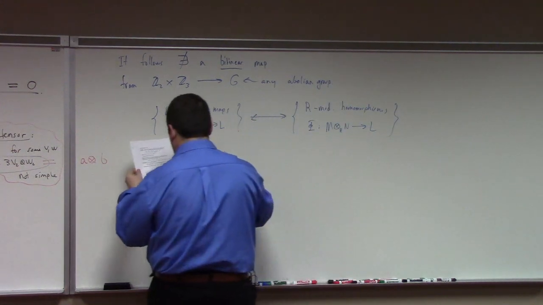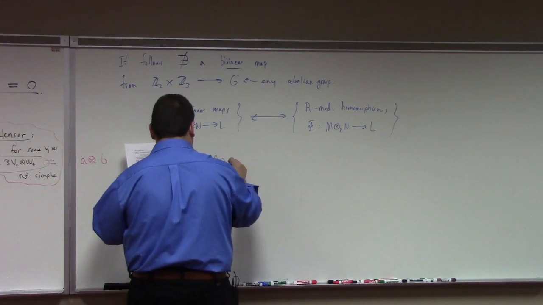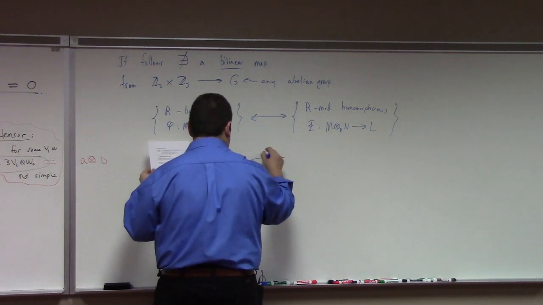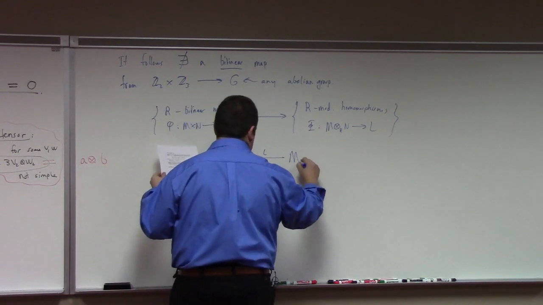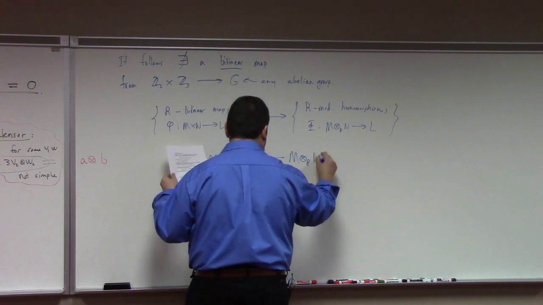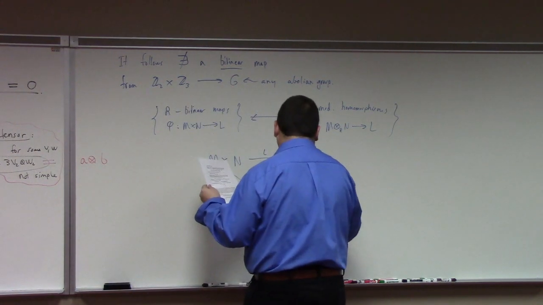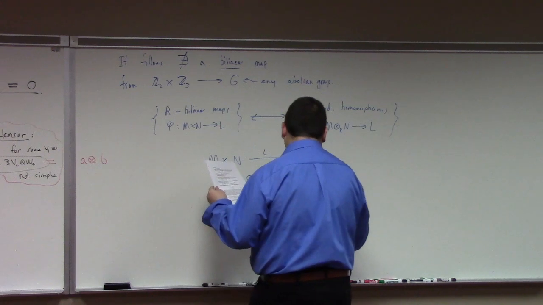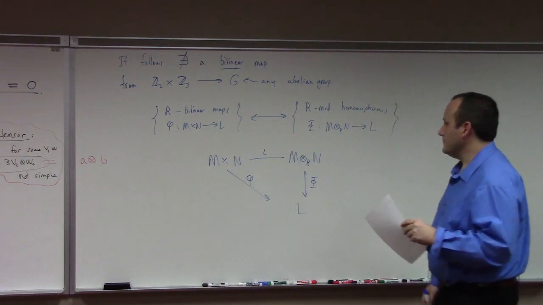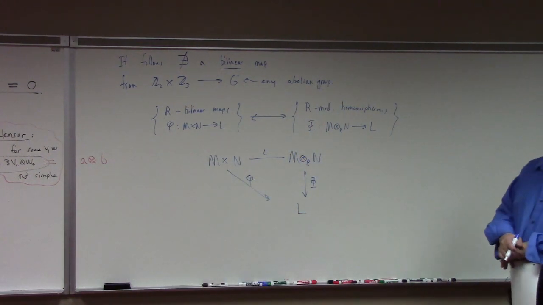And they satisfy this commutative diagram. We've got the iota.